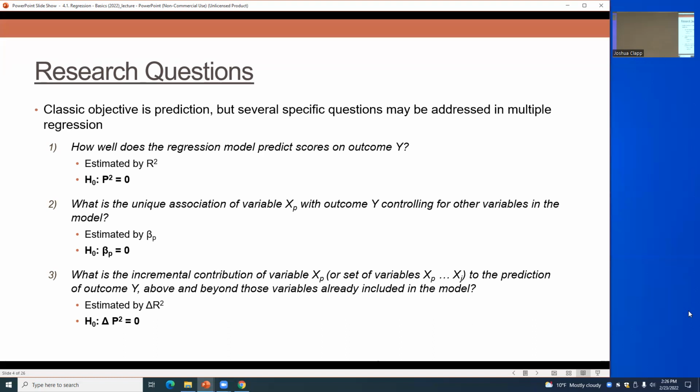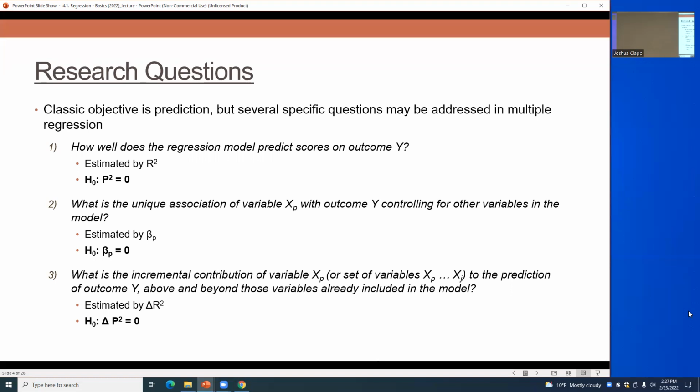These are always included in the model, and they do a pretty good job of predicting whatever we're trying to predict. But maybe my research question is, I have 2 other variables, W and Z, that I think are going to add predictive ability above what we've already got. Well, I can set up my regression model to test that.